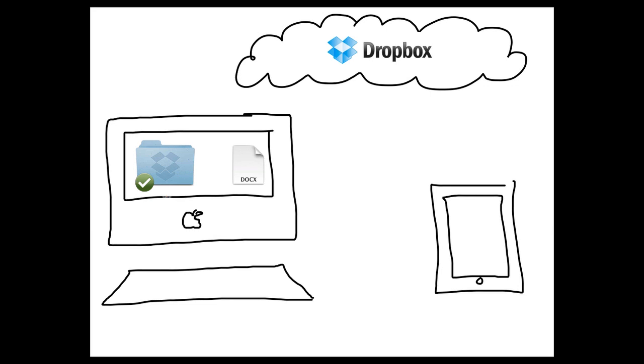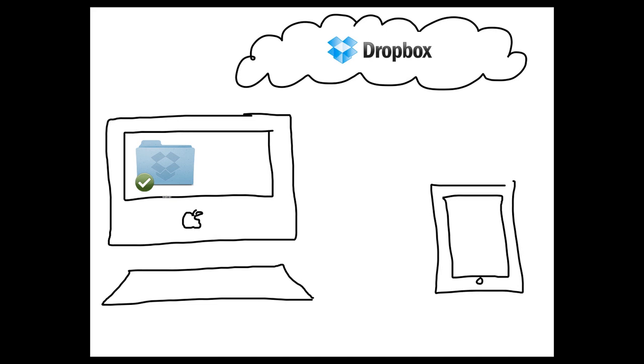So now you've got this docx file and you've got the Dropbox folder. Next thing you need to do is move that document into the Dropbox folder. That Dropbox folder will automatically start to move that file into the Dropbox storage in the cloud.